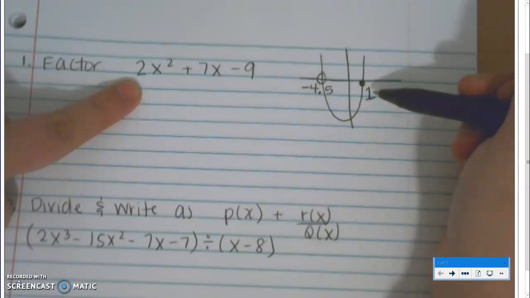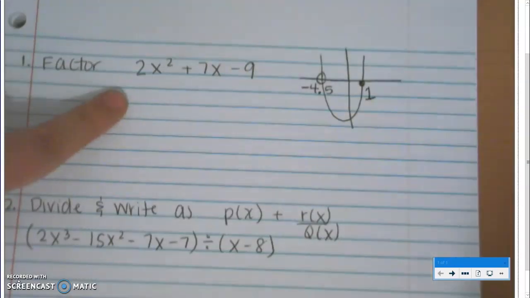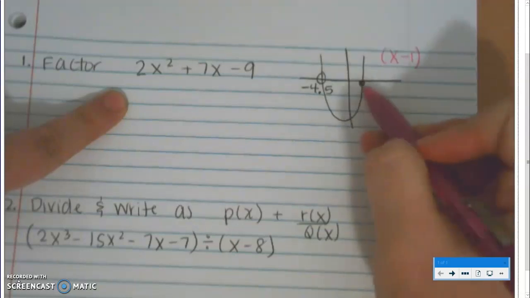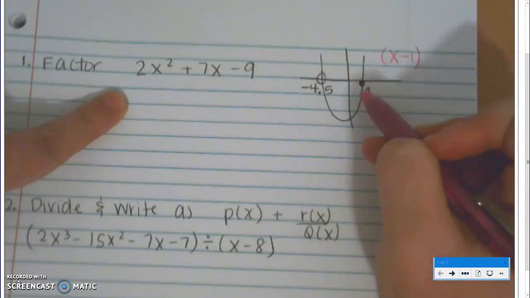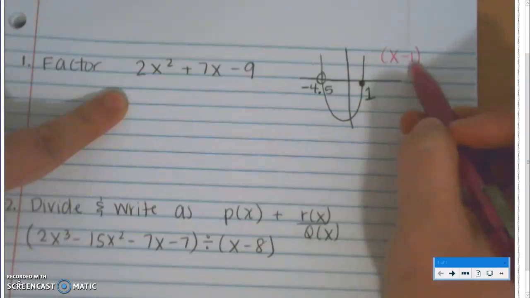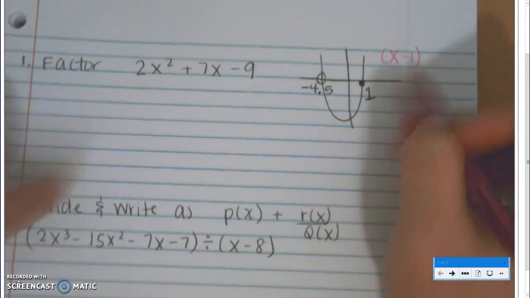So one of my factors is x minus 1. Because if you remember, the factor and the root need to zero out. So if my x-intercept is 1, then my factor is x minus 1, because 1 minus 1 is 0.